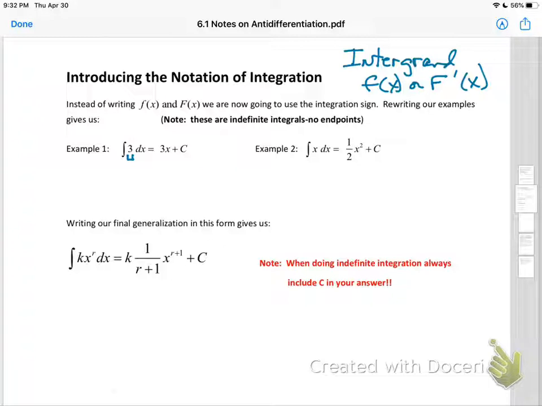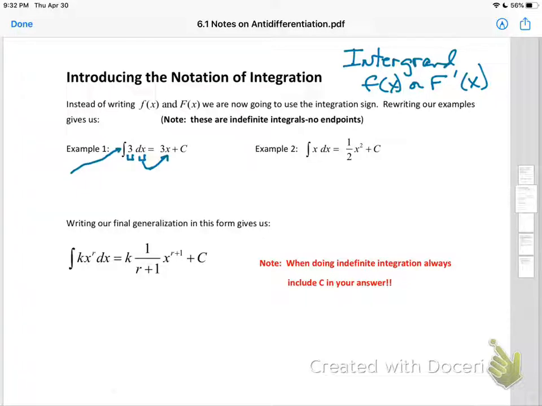Okay? I have to always write the dx or dt or whatever it's going to be. This tells me what my variable is going to be. Is it going to be x? Is it going to be t? That's going to determine that. Okay? And this symbol is called my symbol of integration.